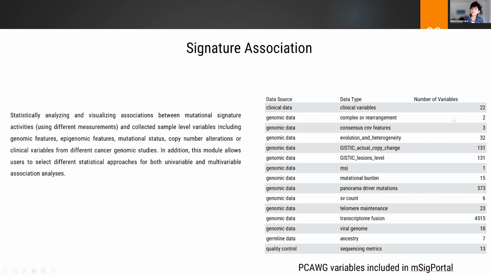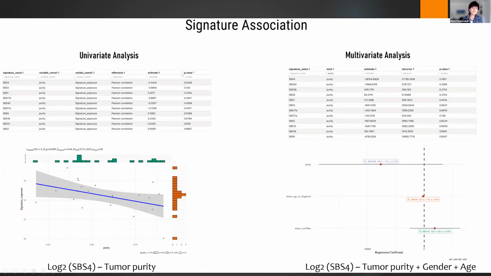We also uploaded a lot of data for the signature association: clinical data and structural variants, copy number, mutational burden, MSI counts, telomere, and many other features. So one can use this to conduct univariate or multivariate analysis, adjusting for each other, and testing association of mutation signature with purity or other factors like age or sex and many other factors.